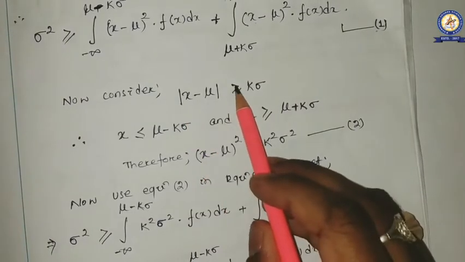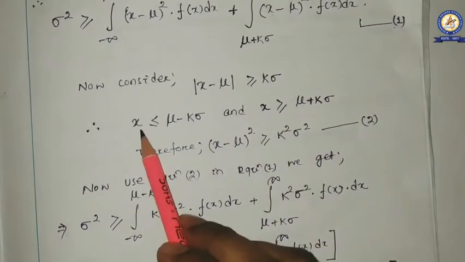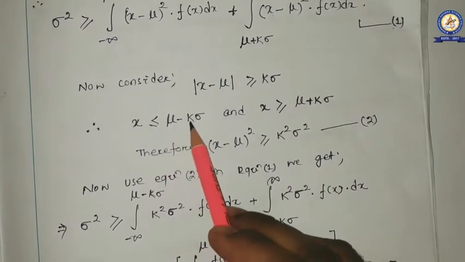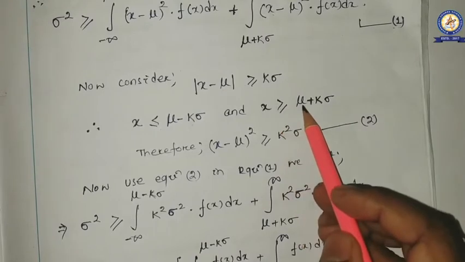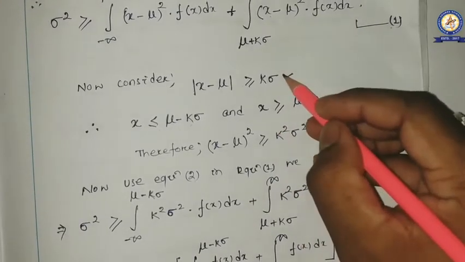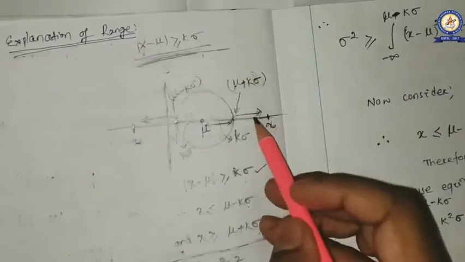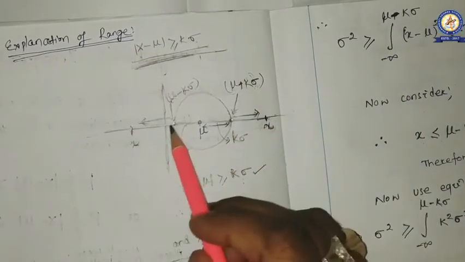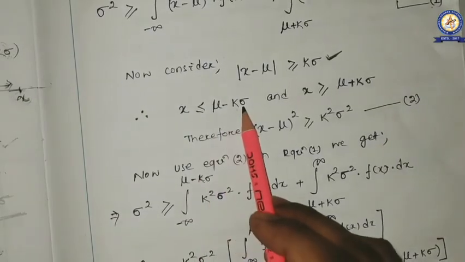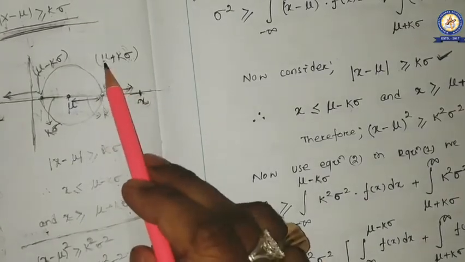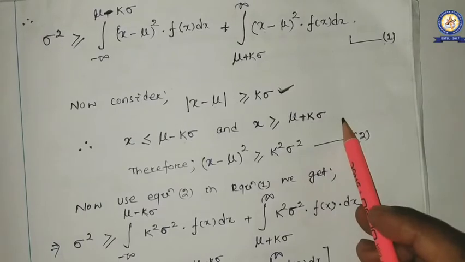As we discussed here, that is nothing but x less than or equal to mu minus k sigma, and x greater than or equal to mu plus k sigma. That means to satisfy this condition, we have to consider the x values beyond these points: x less than or equal to mu minus k sigma, and x greater than this point, that is mu plus k sigma, right?